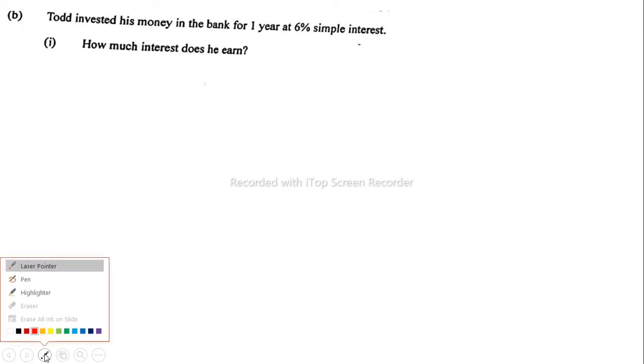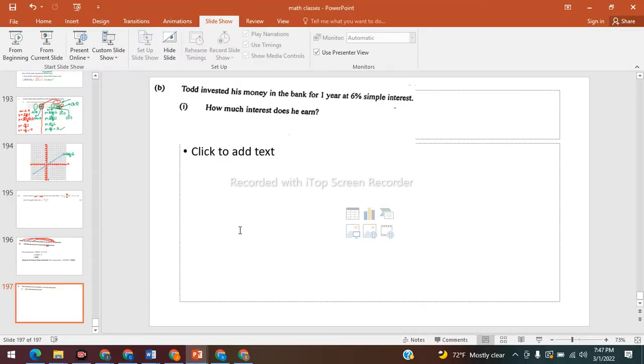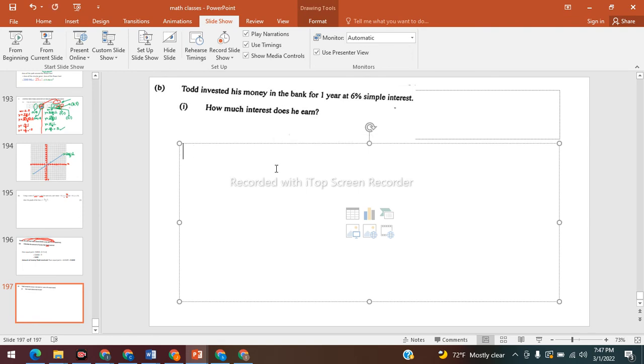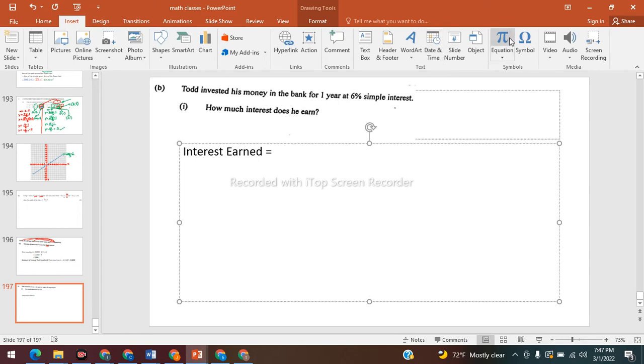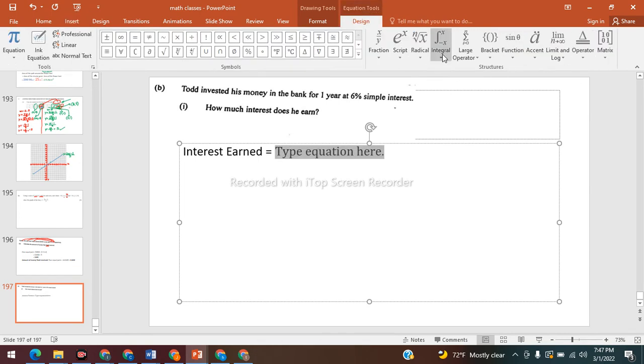So remember that we're trying to figure out the interest earned. We have to use the simple interest formula, right? Can anyone remember the simple interest formula? PRT over 100. Very good, Ricardo. Could tell you're studying.